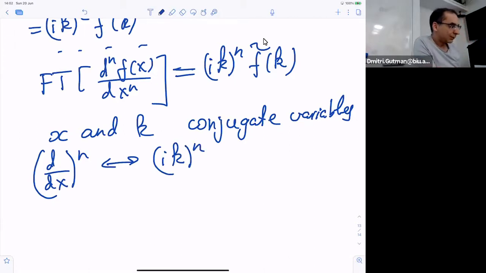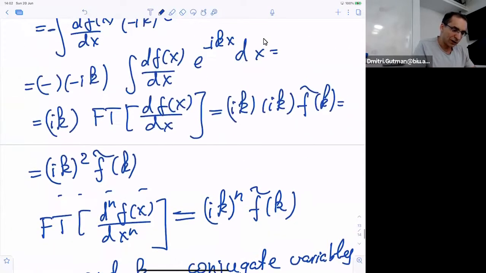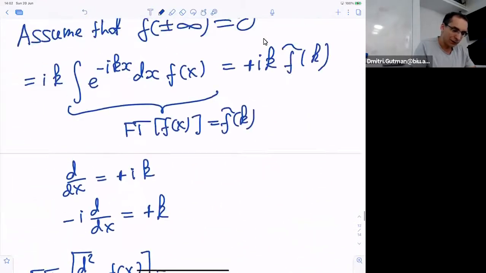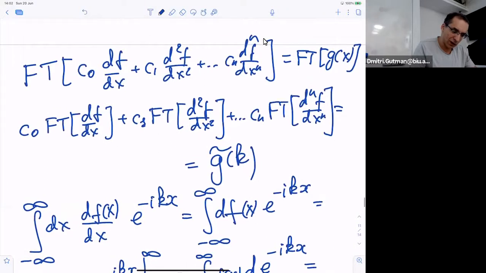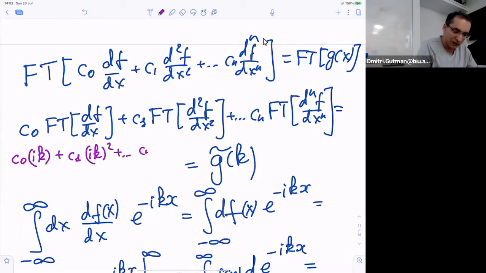So what does it mean? It means that if we started with our differential equation above, this equation essentially becomes an algebraic equation. Because what it really means, let me write on top of it, is that now this equation means C0 times ik plus C1 ik squared plus Cn ik to the power n, all this multiplied by f tilde of k, is equal to g tilde of k.